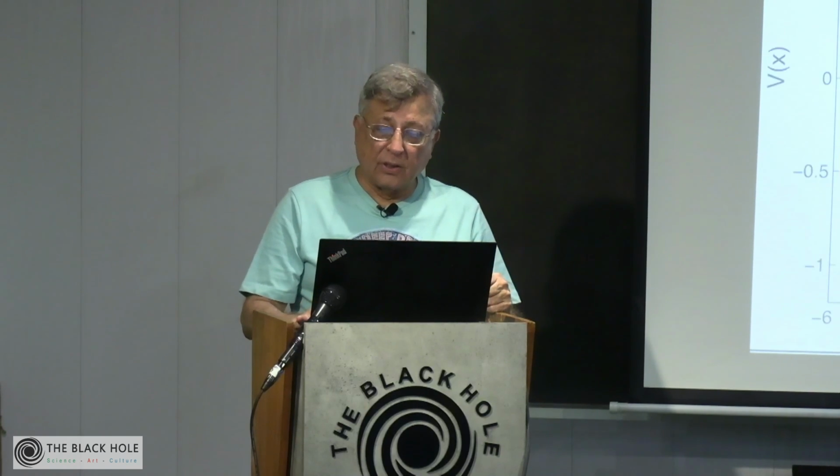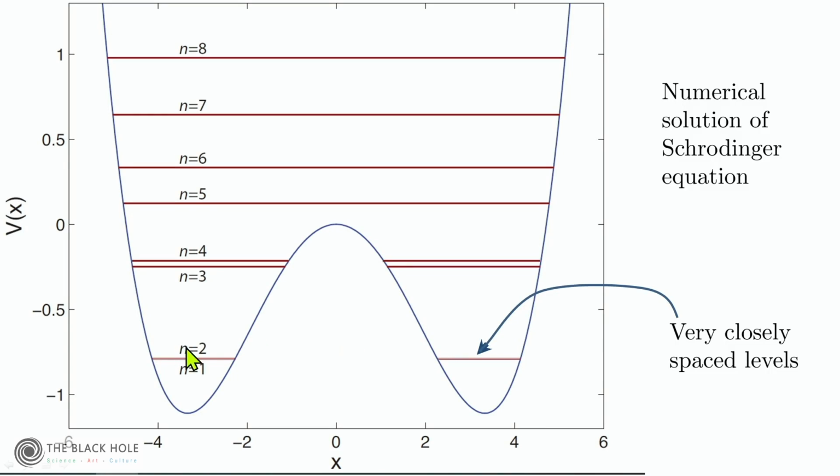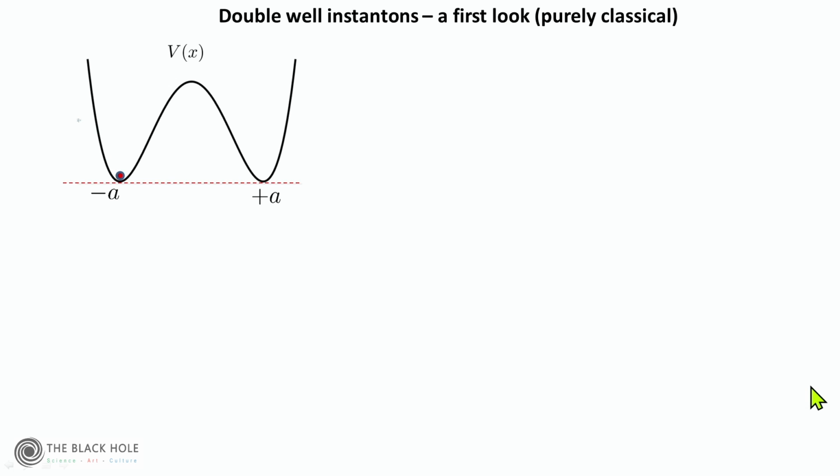And so we expect n equal to 2 to be slightly higher than n equal to 1. Finding this energy difference between the second and the first eigenstate is a major, major problem, and it cannot be done in perturbation theory. But we will do it here.